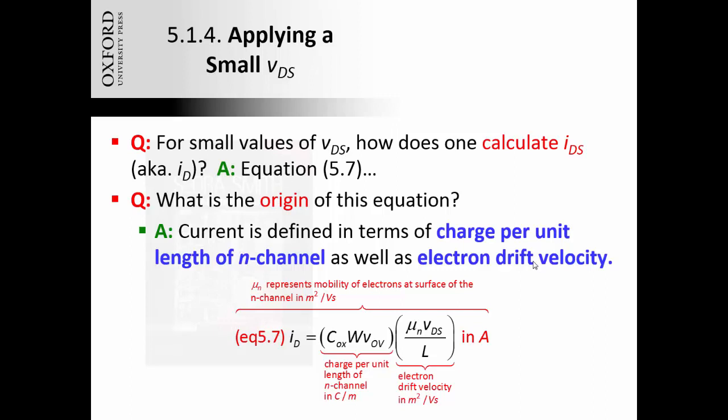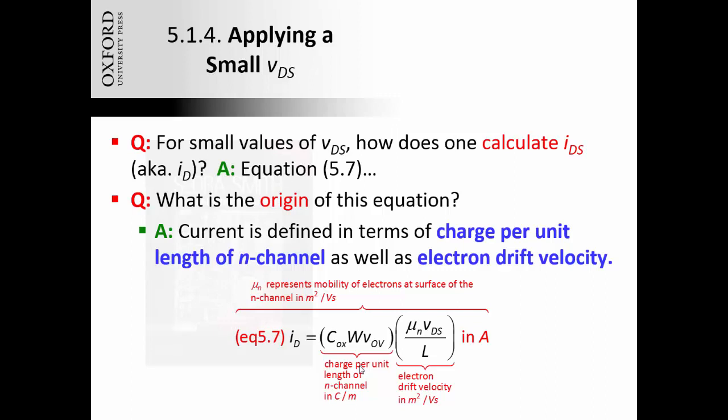Now this assumes, right, that we have a voltage between VDS. On the other hand, we are assuming that, as we saw on the previous slide, and as we see now on the left term of this equation, that the effective overdrive voltage at every point along the channel is VOV. Okay? In reality, if the drain's voltage is a little bit higher than the source voltage, then the effective overdrive voltage at the drain end is going to be a little less than the overdrive voltage at the source end.